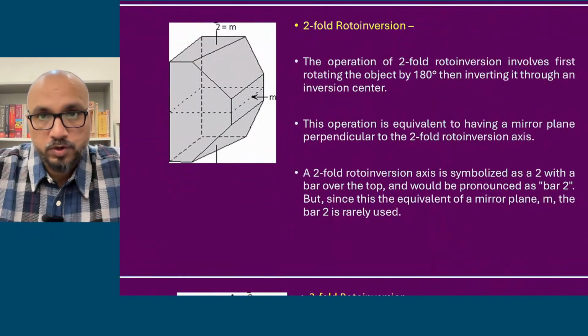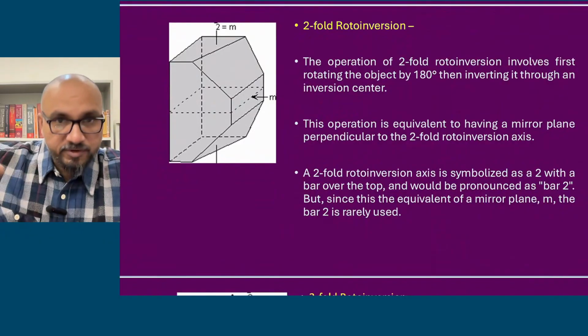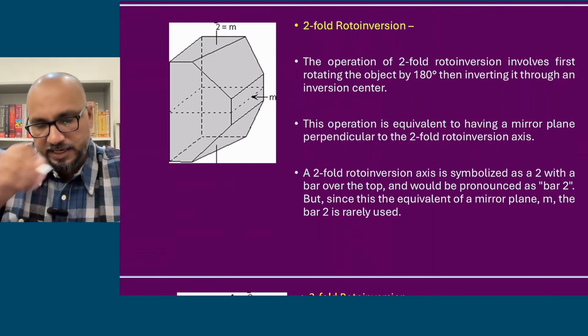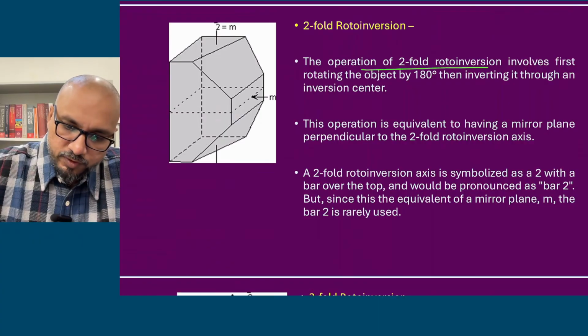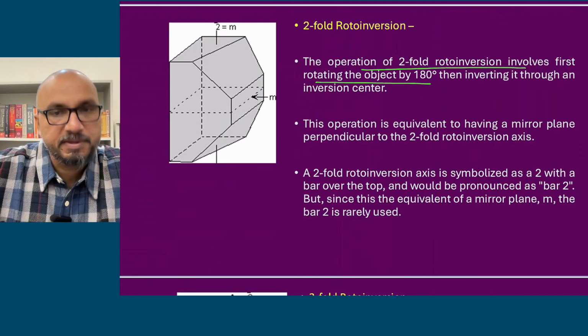Now two-fold roto inversion, so that means you rotate by 180 degrees and invert. So the operation of two-fold roto inversion involves first rotating the object by 180 degrees.